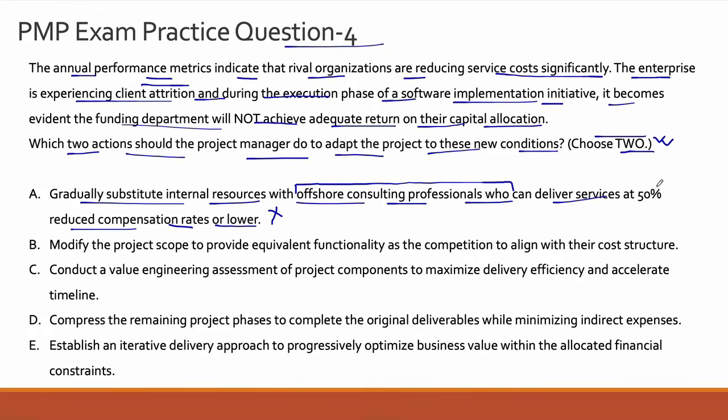And secondly, even if they are giving 50% reduced compensation rates, there is nowhere it is stated in the question that the problem, or let's say the high cost which the project is facing at the moment, is due to people resources, or let's say due to service or due to labor, right?